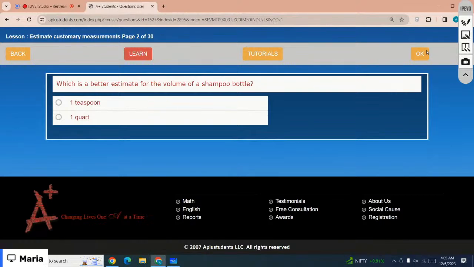Because 1 teaspoon is very little for a shampoo bottle. Basically, what you learn from here is that teaspoon is a smaller unit and quart is a larger unit, right? The correct option is 1 quart.